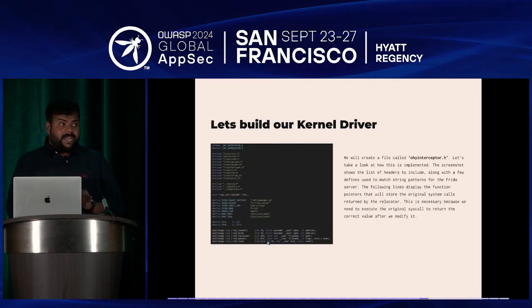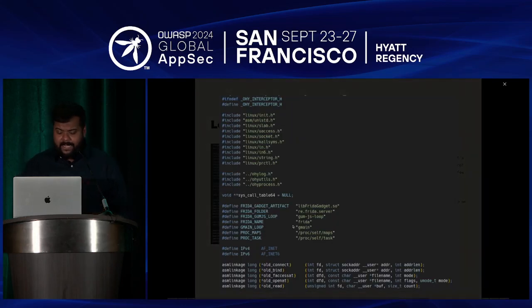We are next going to create a .h header file, which defines the syscalls we are going to hook. You can follow my mouse. Our strategy is to hook these syscalls: connect, bind, faccessat, openat, and read. We renamed them as old, just to make sure we have a backup of the original syscall, and we create our own structure, the original structure.